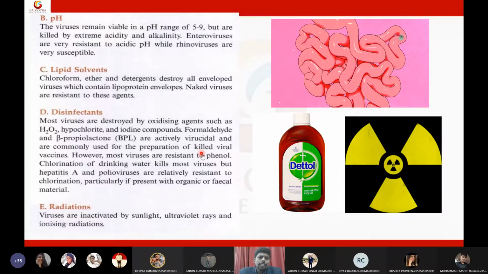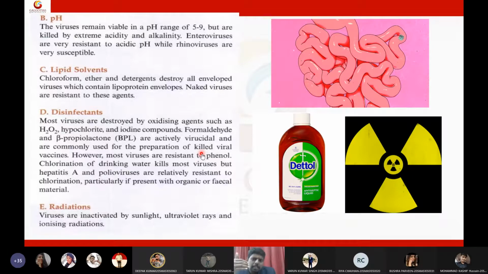Then viruses can also be inactivated by exposing them to radiations. The reason is, whenever you subject a virus to radiation, these ultraviolet rays, X-rays, gamma rays, microwave rays, all these waves will destroy the genetic material. These rays have the properties of inducing cancers, and of destroying genetic material.